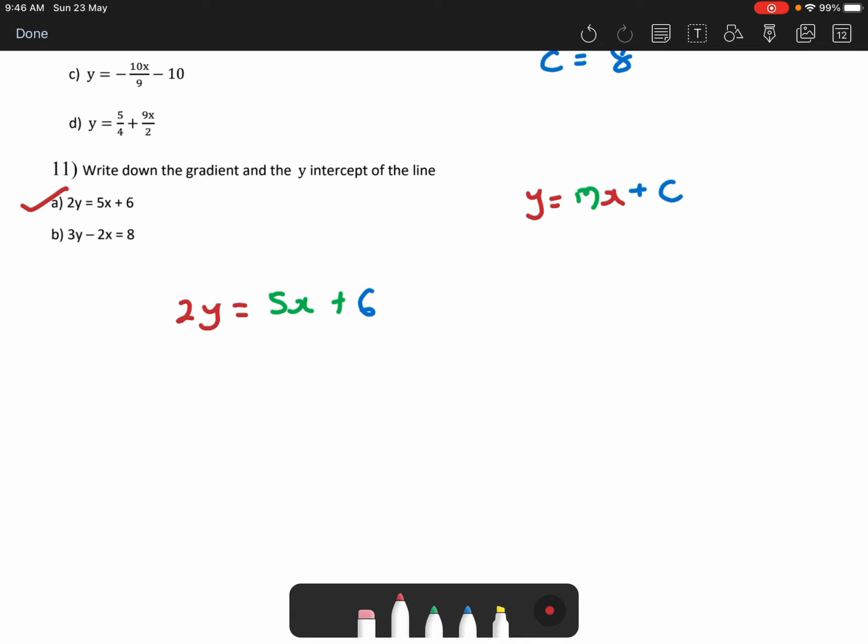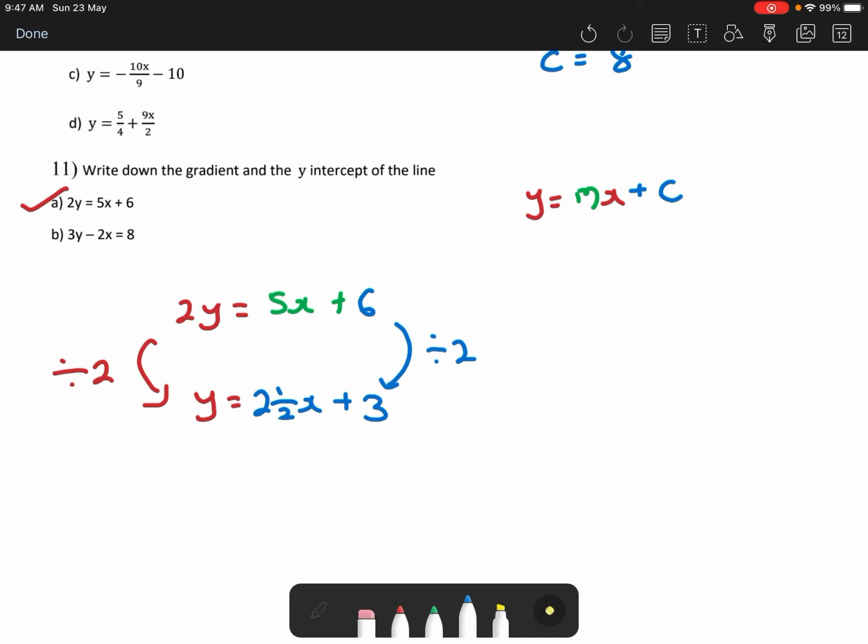From 2y to y, we simply divide by 2. When I divide by 2 on the left hand side, the right hand side must also be divided by 2. So the left hand side will be just y equal to, and the right hand side, 5x divided by 2, will be 5 over 2, about 2.5x, plus 6 divided by 2 will be 3.